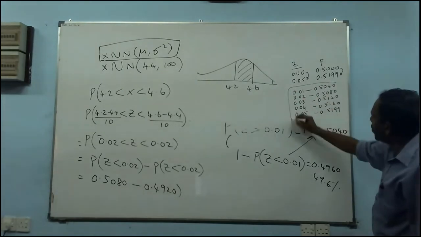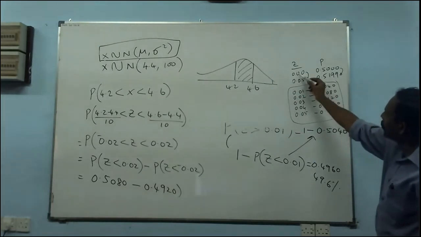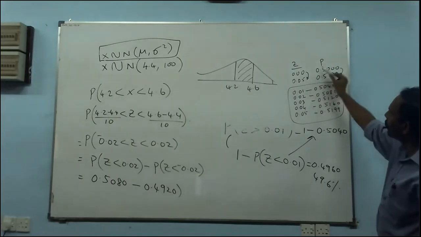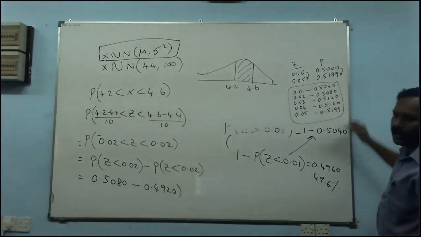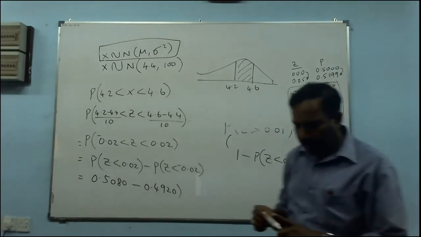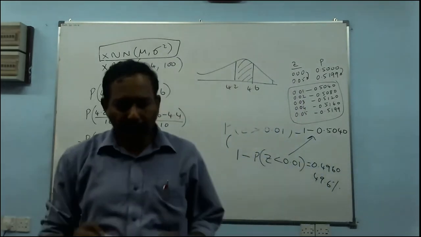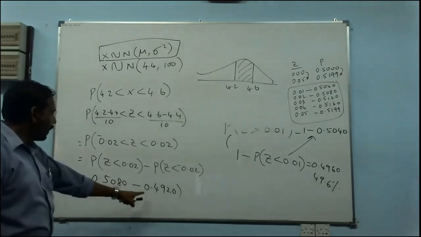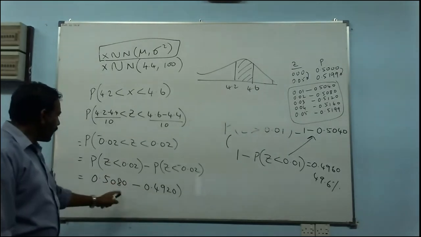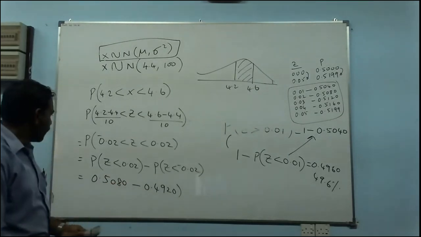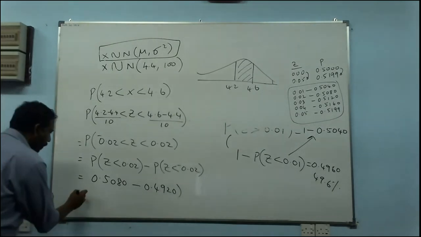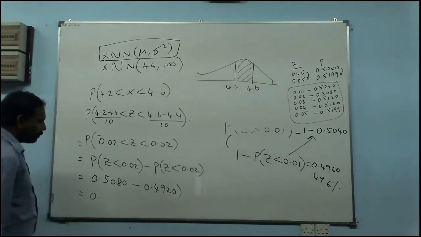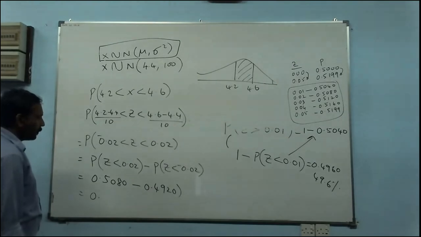So look at the table, right? You have this value, you have this value. So I have simply given a weighted value for probability. Not necessary, but you can do it in that way also. So you see here, take the difference here. It is a very minor difference. You will get a probability of 0.016.